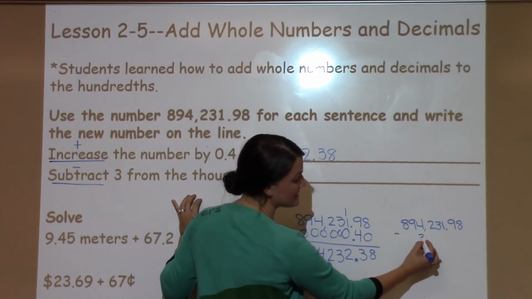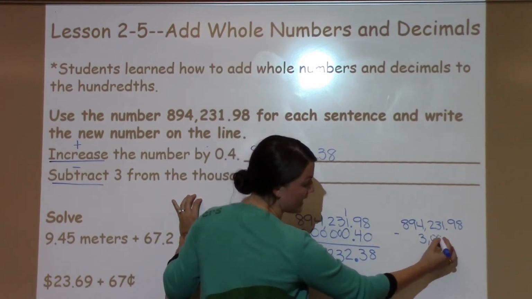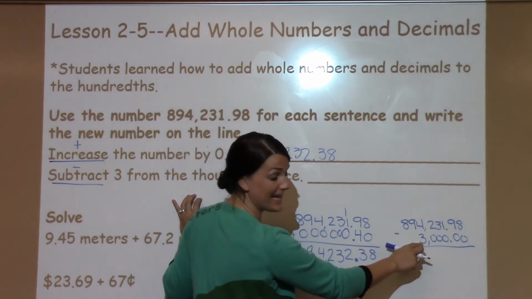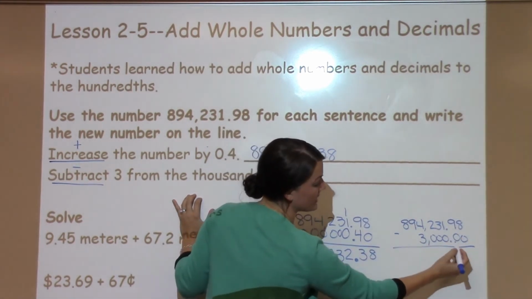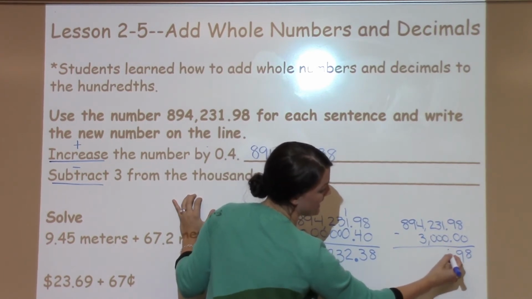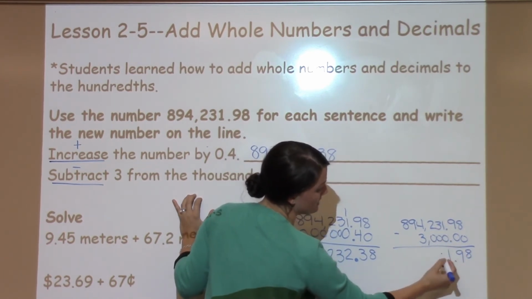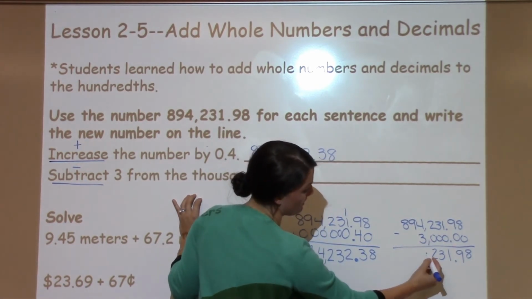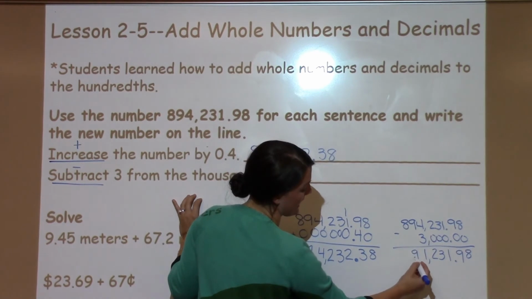That's the same as subtracting 3,000, because that's a 3 in the thousands place. So when I do that, 8 minus 0 is 8, 9 minus 0 is 9, 1 minus 0 is 1, 3 minus 0 is 3, 2 minus 0 is 2, 4 minus 3 is 1, then I have my 8 and 9.